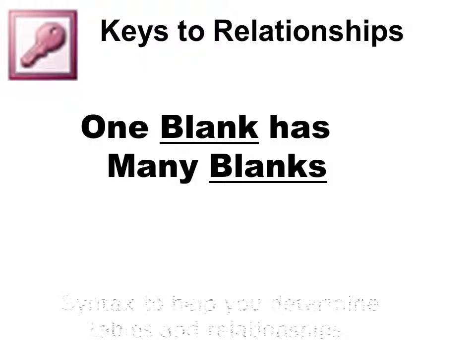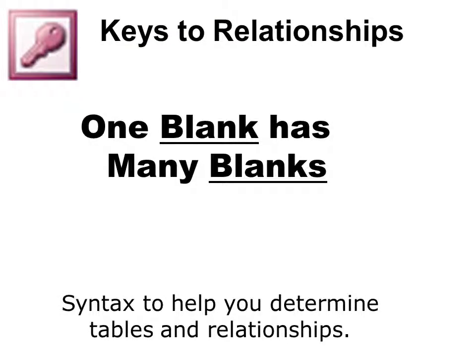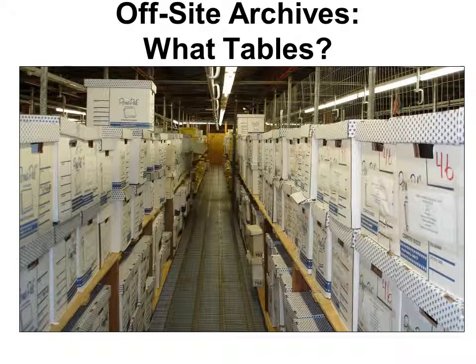One blank has many blanks is good syntax to help you determine which tables and relationships. Fill in the blank to determine which table, and then the second blank will be a related table. For example, if we were going to have offsite archives and we wanted to create a database of them, what tables would keep track of this information? Well, I can see there's many rows or aisles.